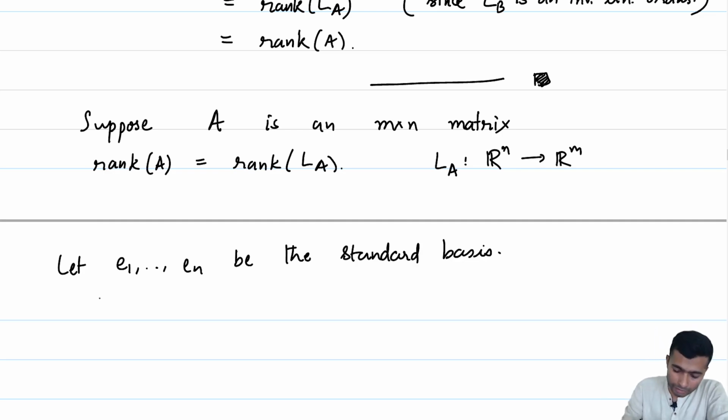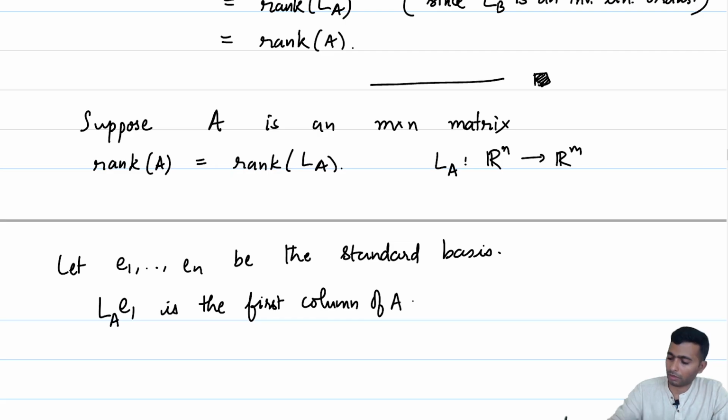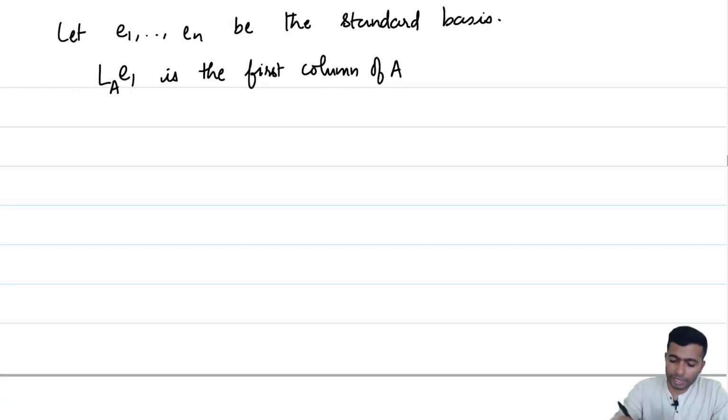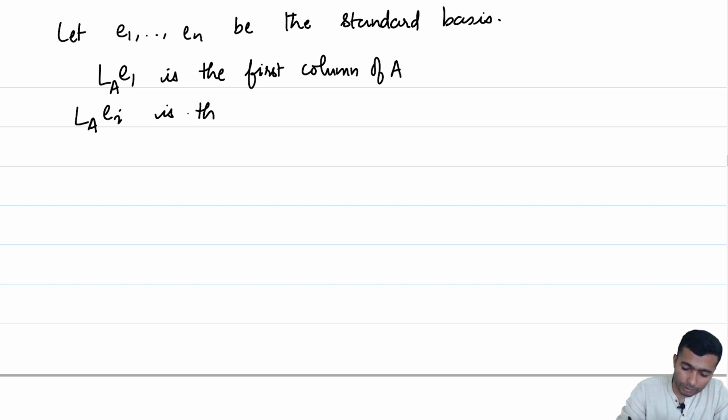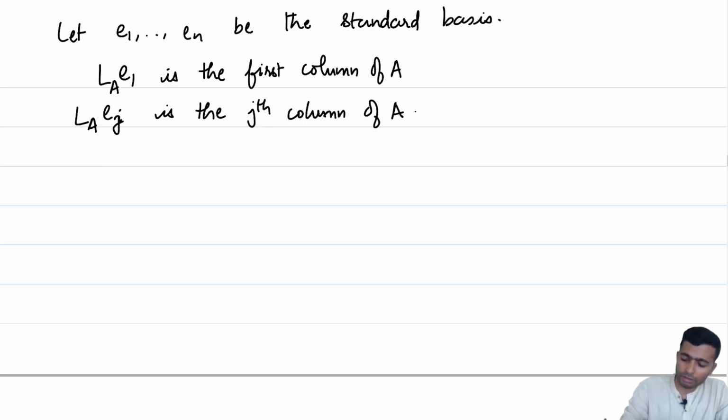Then LAE1 will just turn out to be the first column of A, this is the first column. In fact, LAEi is the ith column, or LAEj is the jth column of A. But what do we know about LAE1, LAE2 up to LAEn?